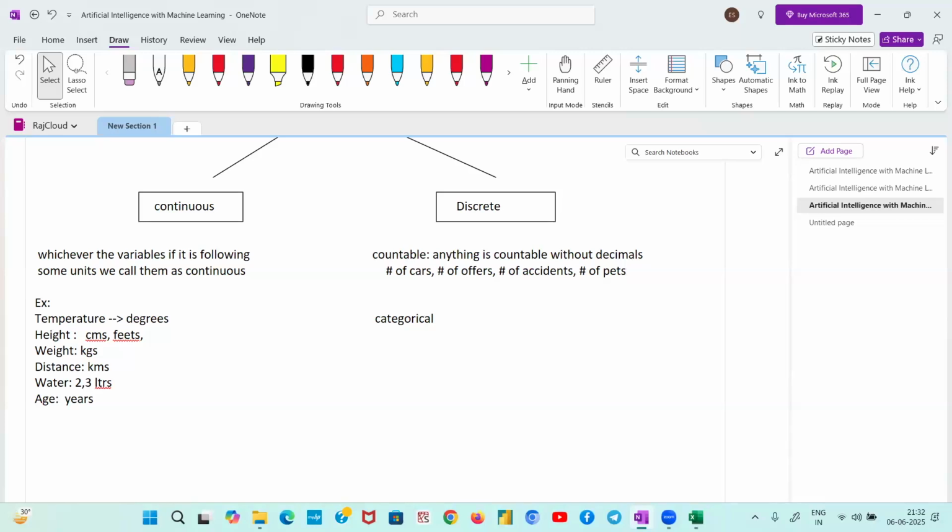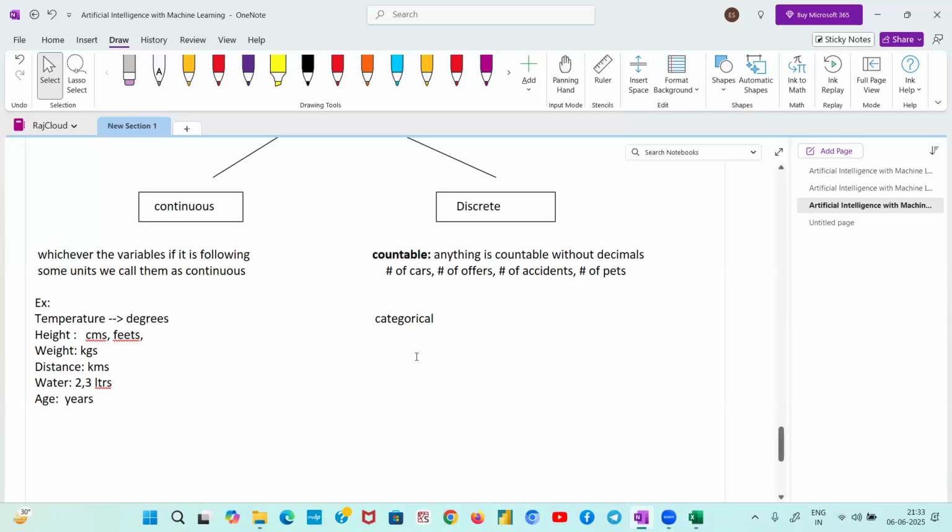Will you say that you have 2.5 cars? Will you say that I have 2.3 mobiles? We never have such data. We always get either 2 or 3 or 5 or 10, but never a decimal value. So what do you call such data? Countable data.